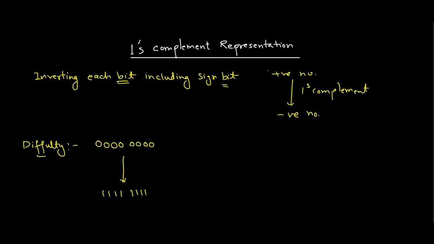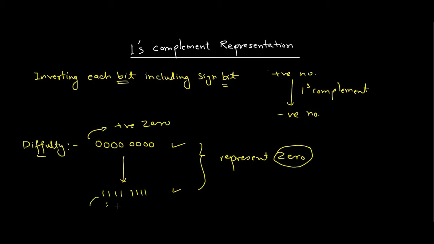Here, this and this both represent 0. So it is a difficulty. This shows that there is a difficulty in representing zeros using 1's complement. Here, the first one is a positive 0, and the second one is considered as a negative 0.